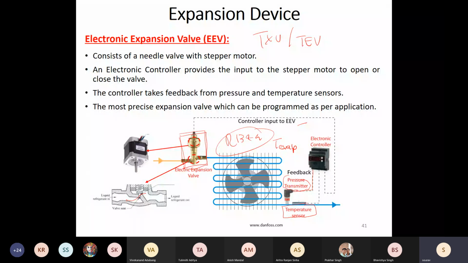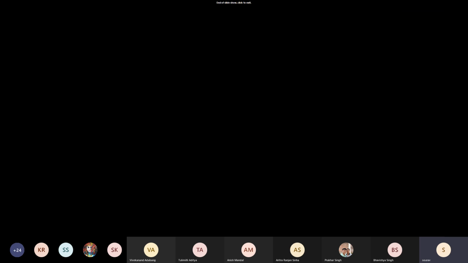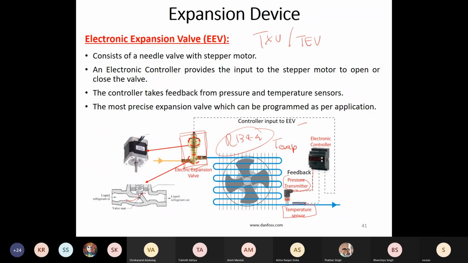But the beauty of this is the same hardware can be used for any refrigerant. Whereas in case of TEV, you will have to buy the appropriate valve with the appropriate power flow. You cannot reuse the same hardware for some other refrigerant. But over here, you can have standardized hardware because everything is now coded into your controller.